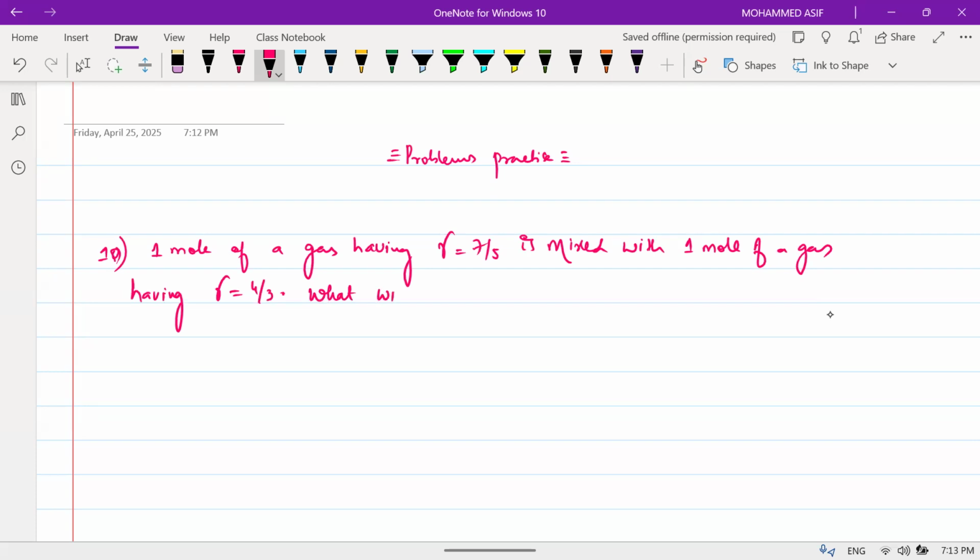Okay, tell me what will be the gamma of mixture? What will be the gamma of your mixture?